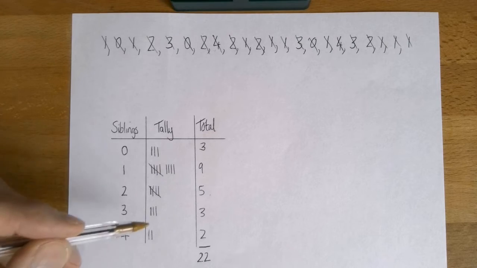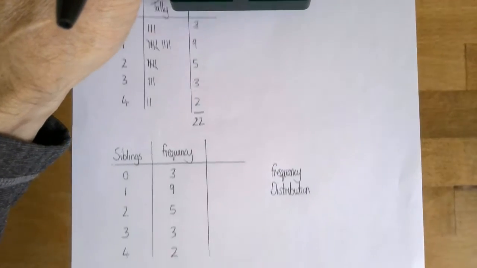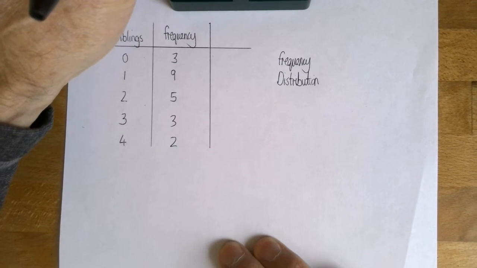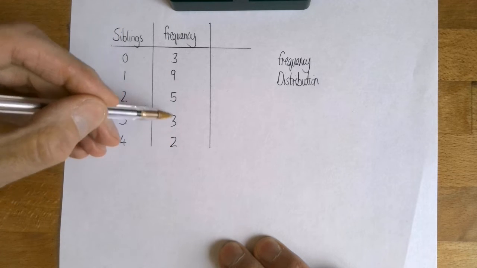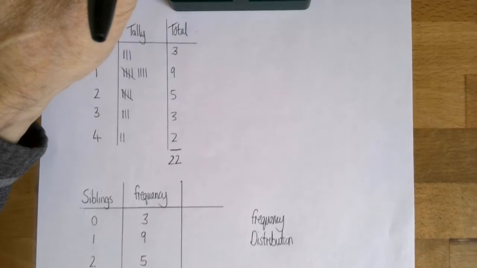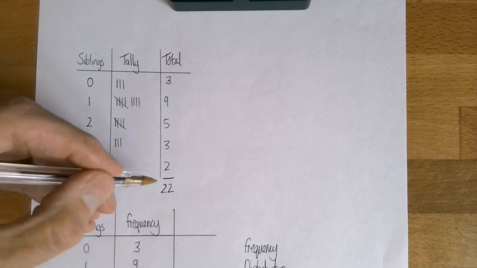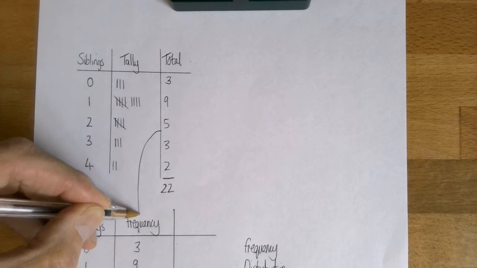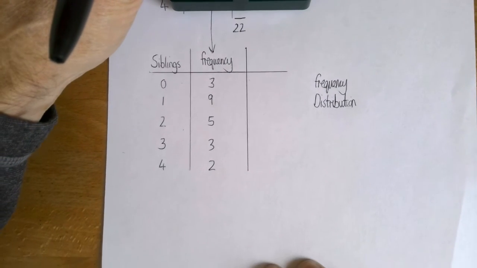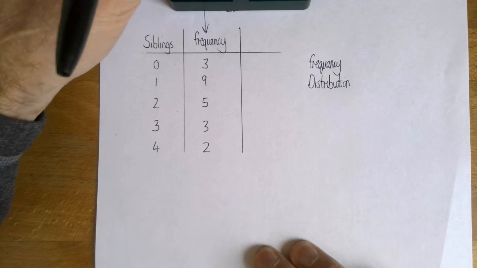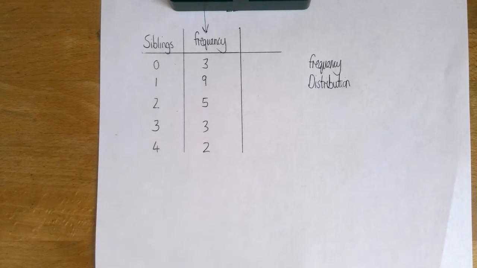What I've done is I've turned my tally chart into what we call a frequency distribution. So can you see where the frequencies here are just my totals from here? So those values there have come down to become my frequencies here. And so we talk not about tally charts at this level, but we talk about frequency distributions.